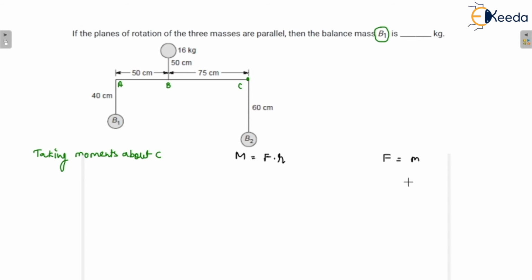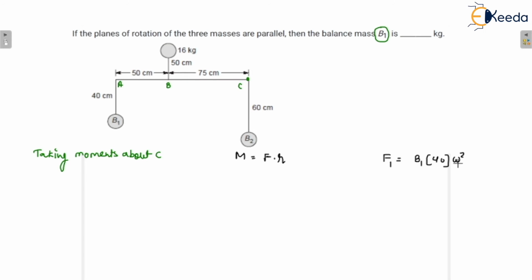So for B1, B1 is a mass. What is r? r is 40 centimeter. Either you can convert it into meter or you can put it as centimeter, but you just have to be careful that the units must be the same in the equation. So I'm just putting it as it is, m r omega square.